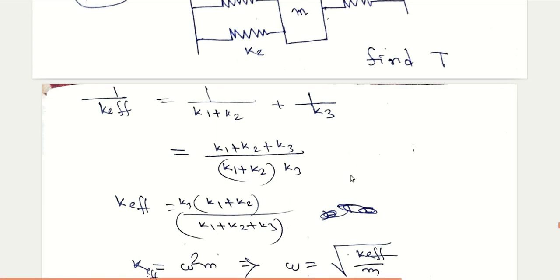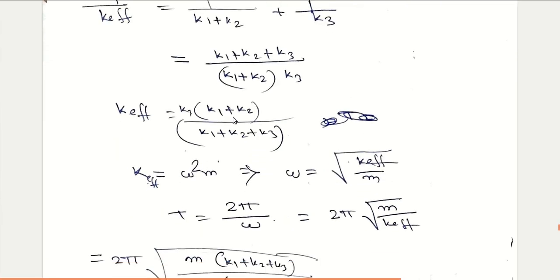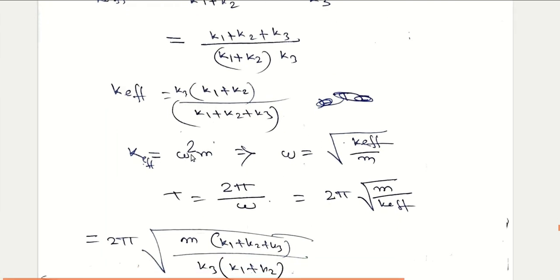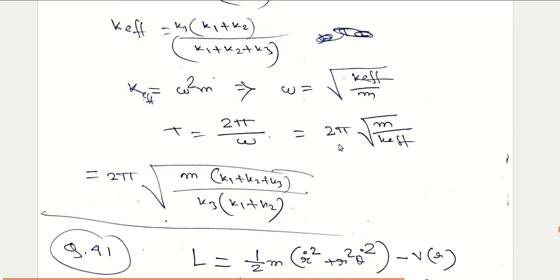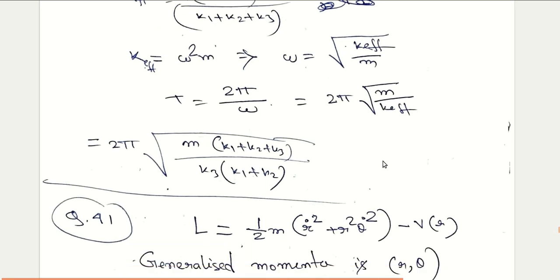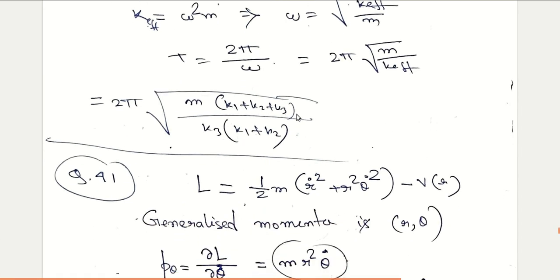So K effective will be K3 into K1 plus K2 by K1 plus K2 plus K3. K effective is equal to omega square m, so omega will be root over K effective by m, and T is equal to 2 pi by omega. In terms of K effective, T will be 2 pi root m by K effective, so it will be 2 pi root of m into K1 plus K2 plus K3 divided by K3 into K1 plus K2.